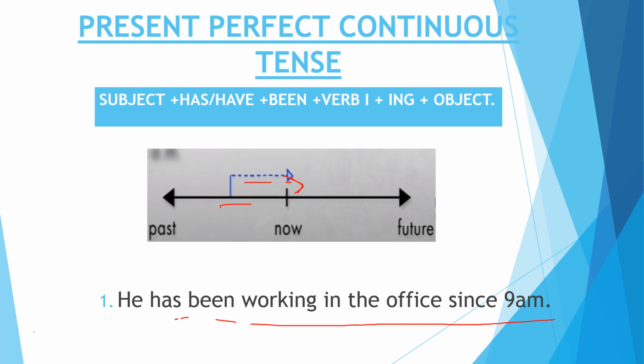So it might be 12 p.m. or 3 p.m. now, and he is still working in the office. So we talk about an action that started in the past and is still continuing. Here, with the subjects I, he, she, it, we, you, they, we use has and have. Has with he, she, it, and have with I, you, we, and they. Let's understand the uses now.